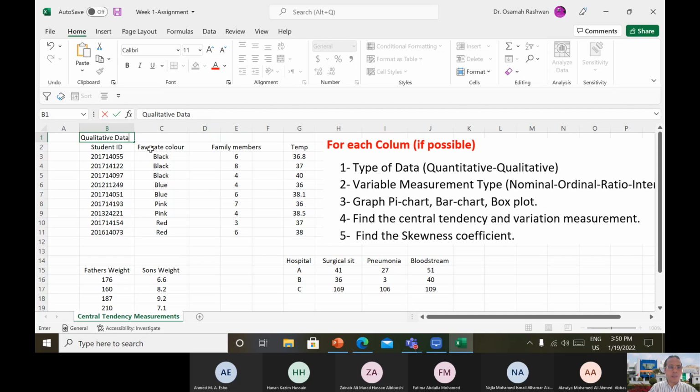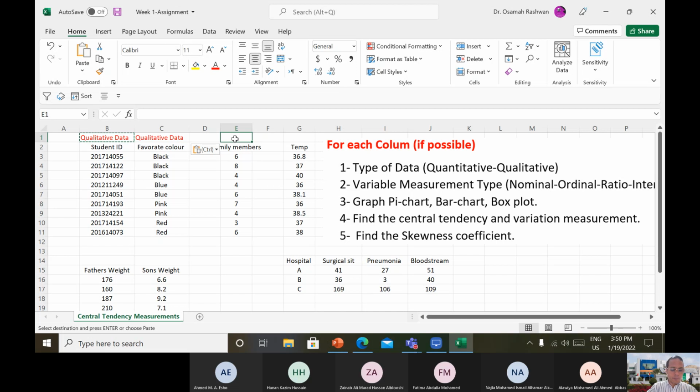What about the favorite color? Is it quantitative or qualitative? Black, blue? Any answer? Qualitative. Excellent. Good.